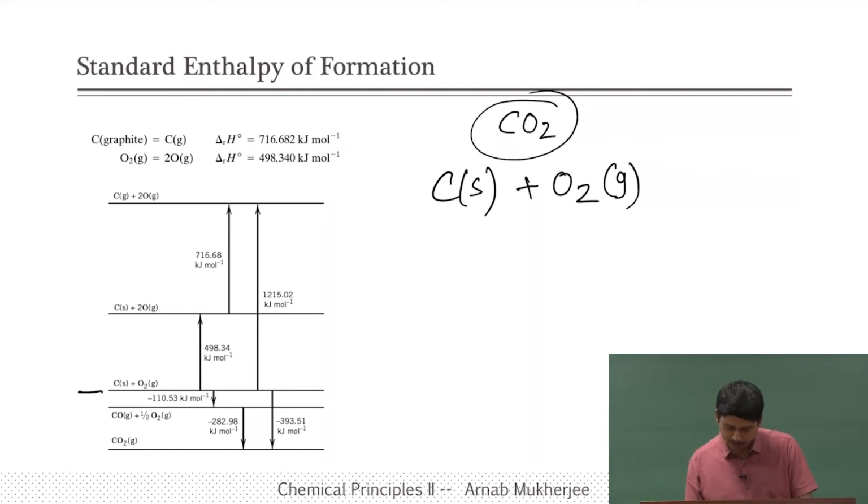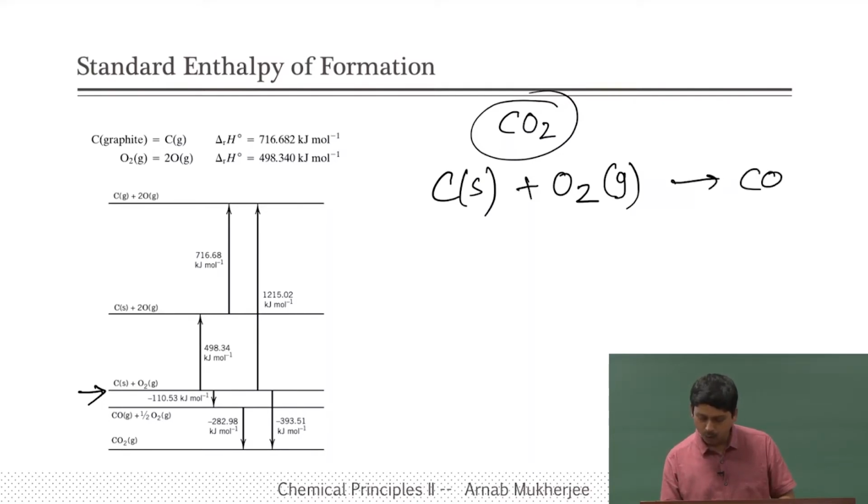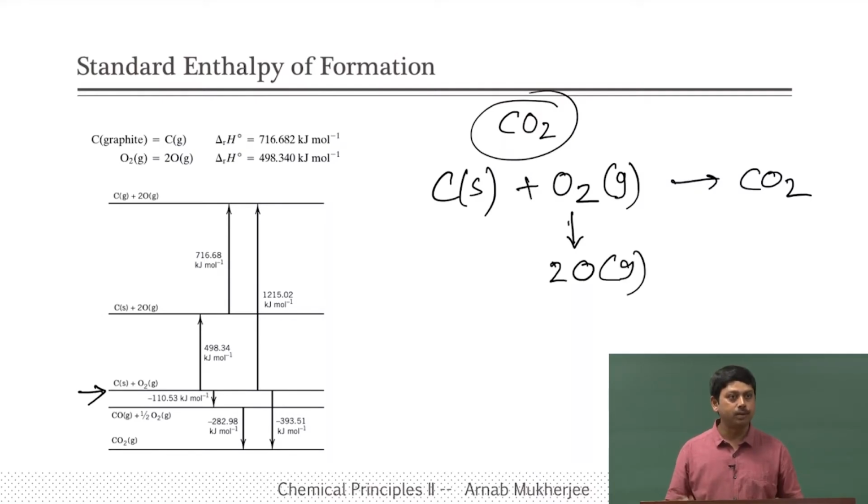So, that is here you see, but in order to form CO2, we need to have the oxygen go from the O2 molecule to the oxygen atom. So, you have to break the bond, and that costs energy. How much? You can see that going from O2 gas to O, it costs 498.34 kilojoule per mole.